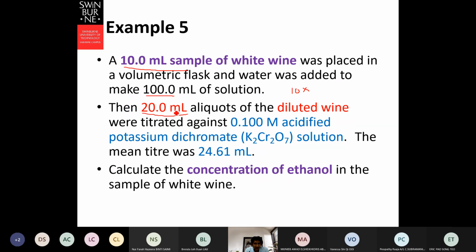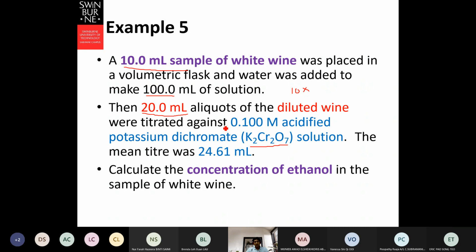Then a 20 milliliter aliquot from this 10 times diluted solution was taken and titrated against 0.1 molar acidified potassium dichromate solution.